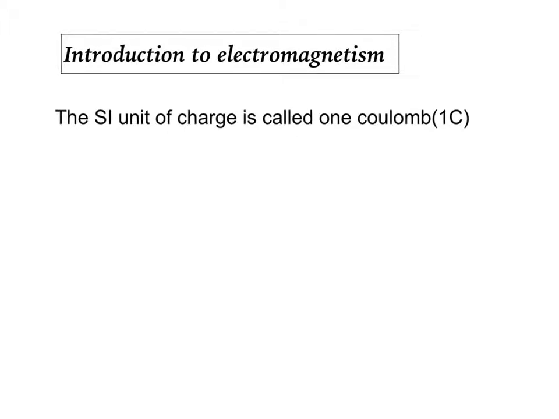Now let's go back to the second principle, the principle of unit, which says that the most fundamental unit of charge is the magnitude of the charge of an electron or proton, which is denoted by e. And e equals 1.60 times 10 to the negative 19 Coulomb.